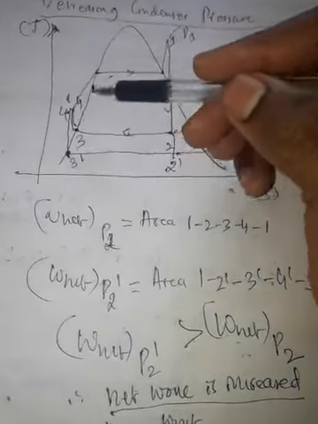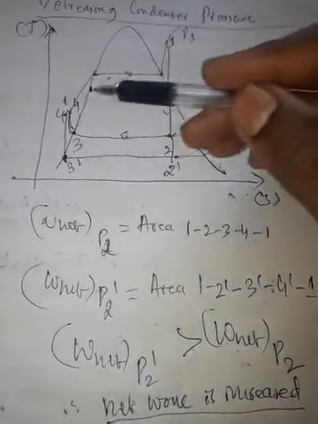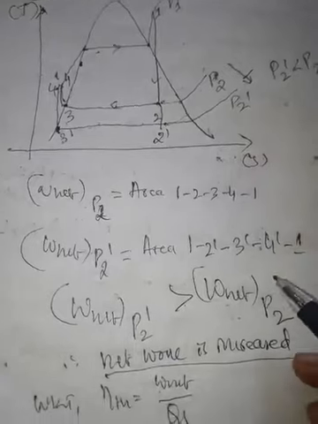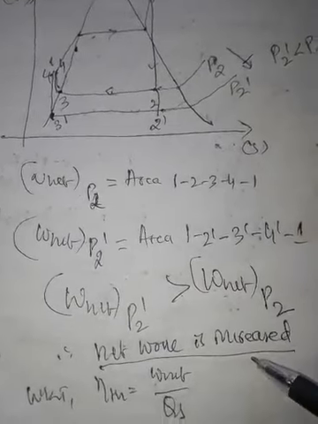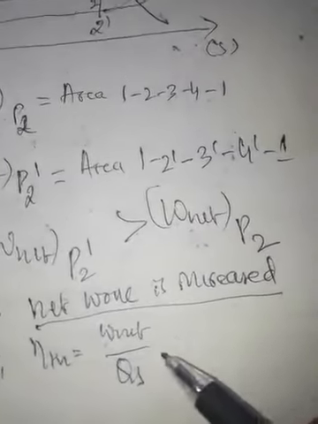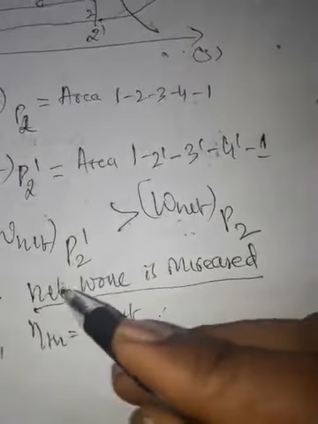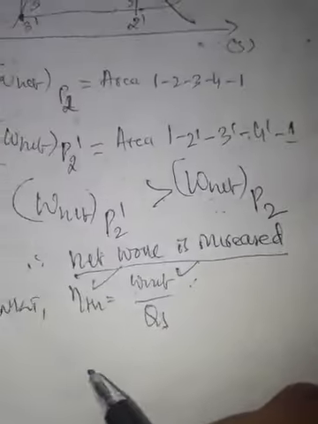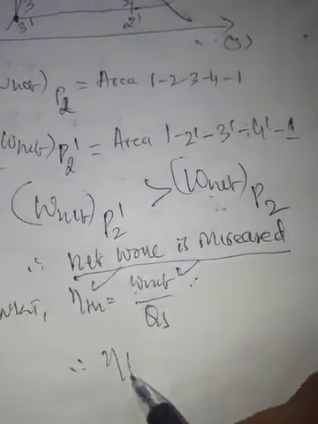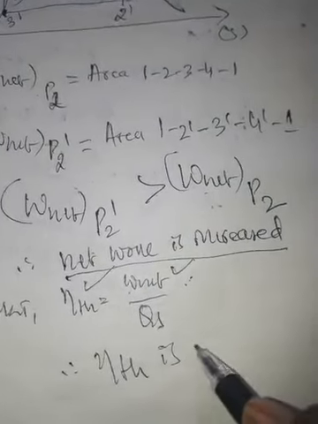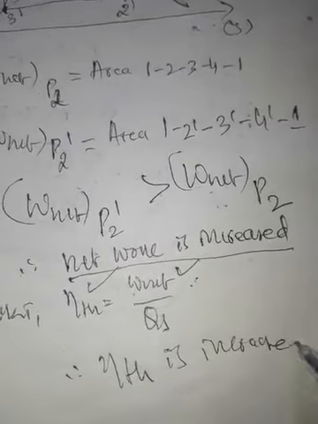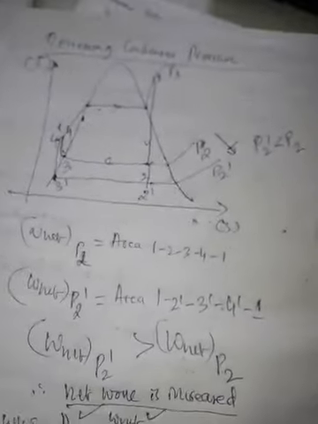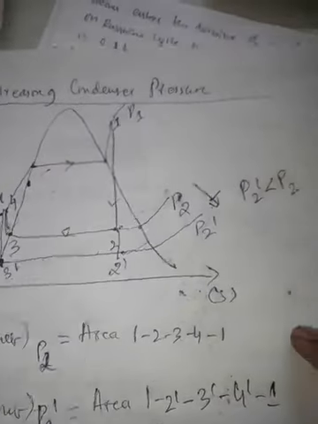So heat supplied, that is h1 minus hf4, is the same for both the cycles. But as W net is increased, thermal efficiency also increases. So thermal efficiency is increased due to decrease in the condenser pressure. So this is the second parameter.